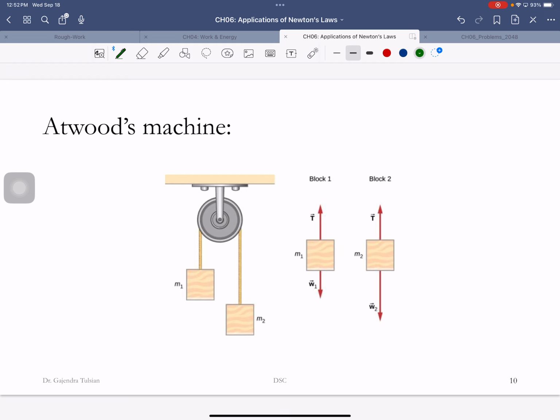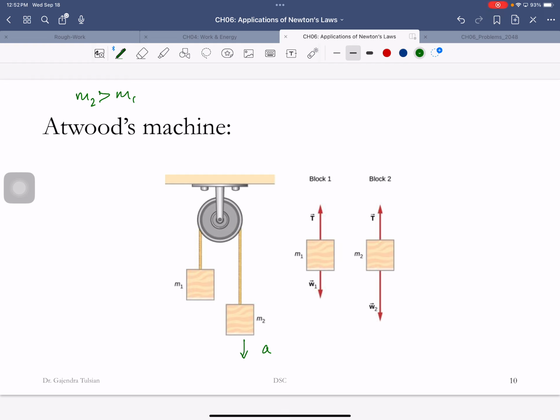All right, so again, let's write down the equations for this. For now, we'll assume that m2 is greater than m1, and let's say this guy is accelerating downwards like that.